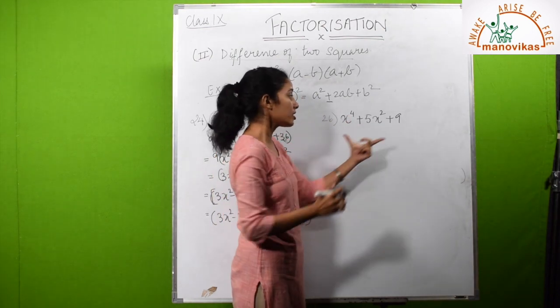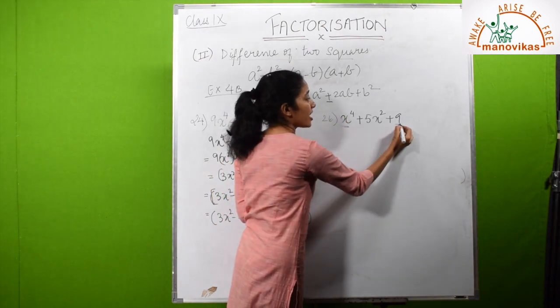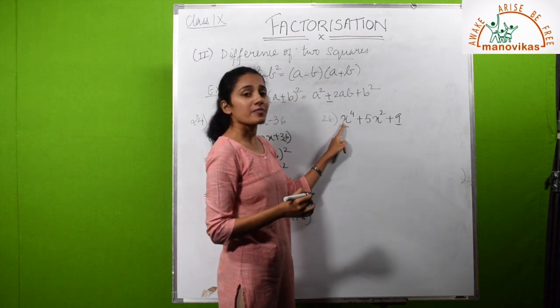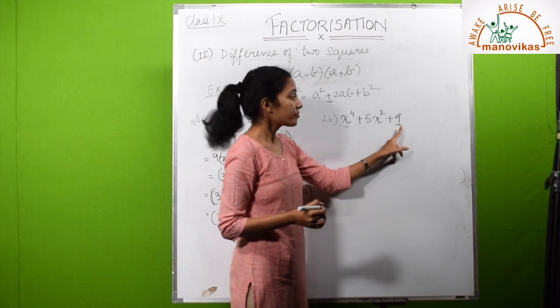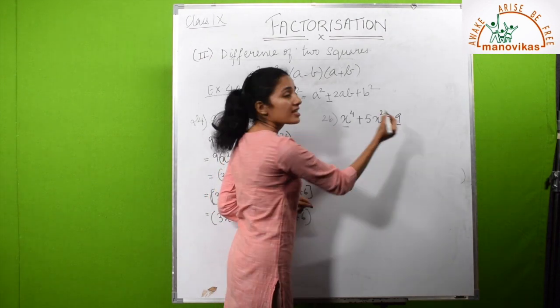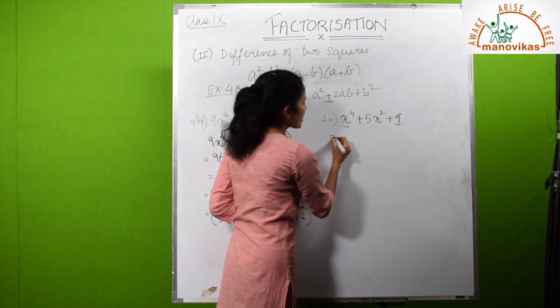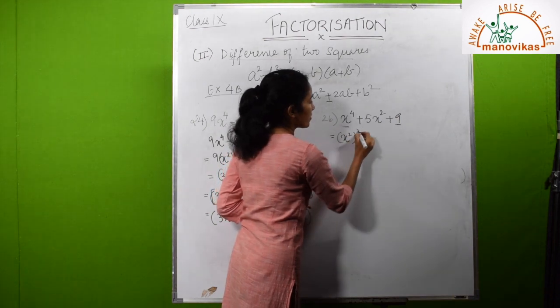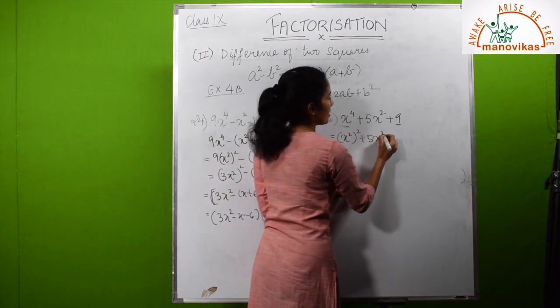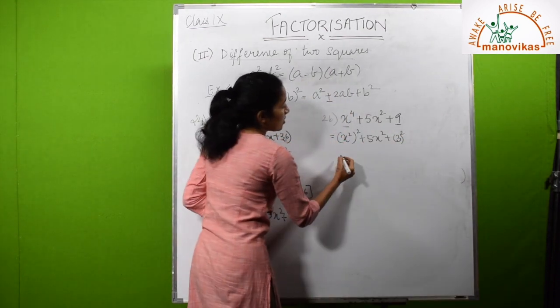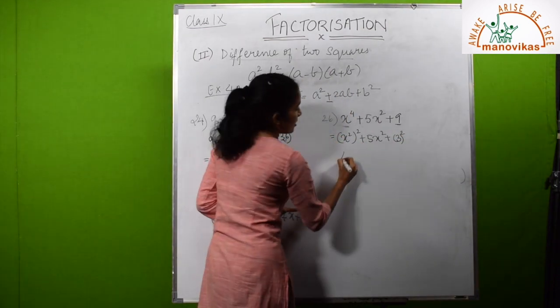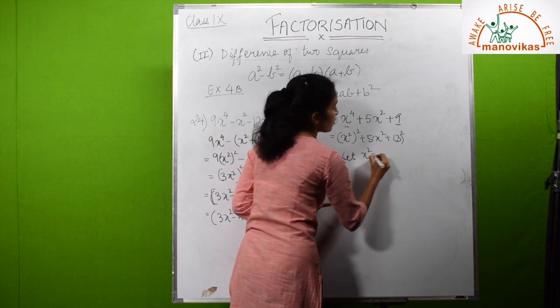Similarly, in this case, when there is an expression with the highest power as 4 and there are only 3 terms, we look at the first and the last term. The first term can be written in terms of a square, as well as the last number term, which can be expressed as 3 square. So I'll write it as (x square) the whole square plus 5x square plus 3 square. To understand better, let's say x square be equal to a.